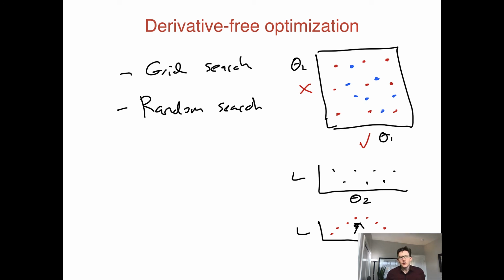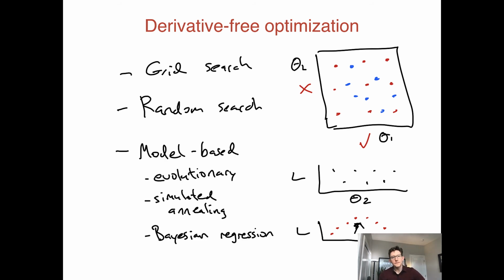Now, the third category you might call model-based derivative-free optimization, and there's a huge literature on these, a huge number of possible methods, each of which has been used and shown to be effective in various scenarios.